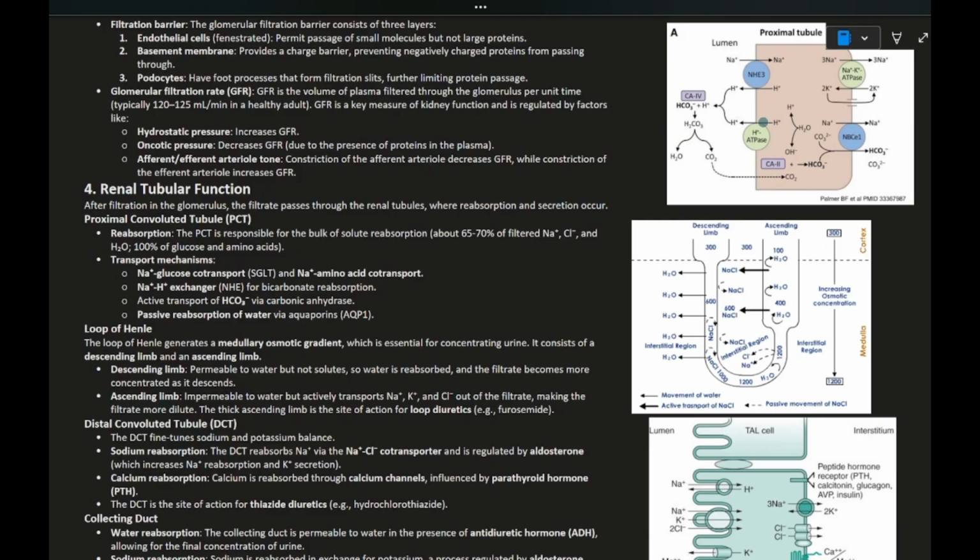Because if you follow this step by step, pay attention to what happens when you have the sodium being reabsorbed and the H plus ion being secreted.